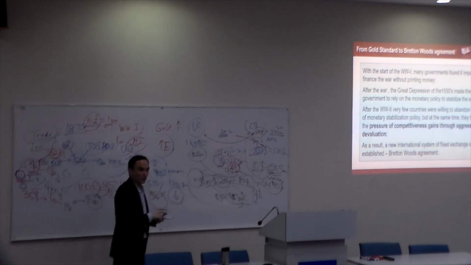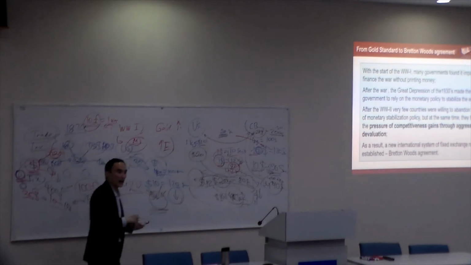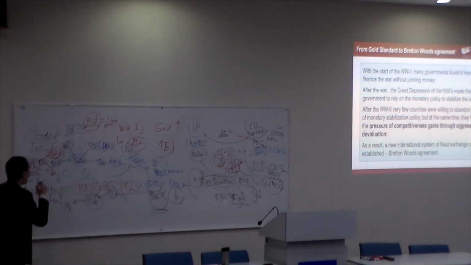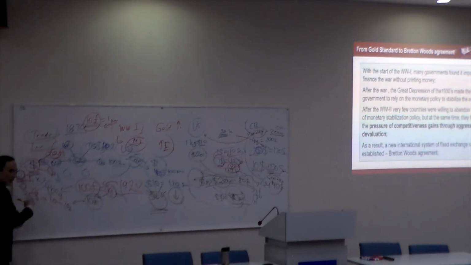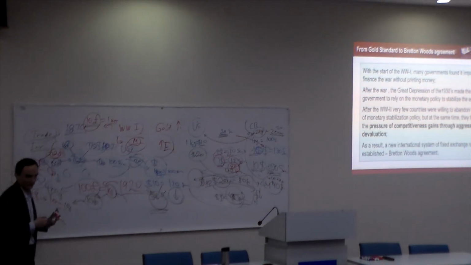In 1944, why was the IMF established? The IMF was established because of this kind of case. Let's suppose among these member countries, one country is experiencing economic recession, right? They need financial support. They could apply to the IMF and the problems could be solved.